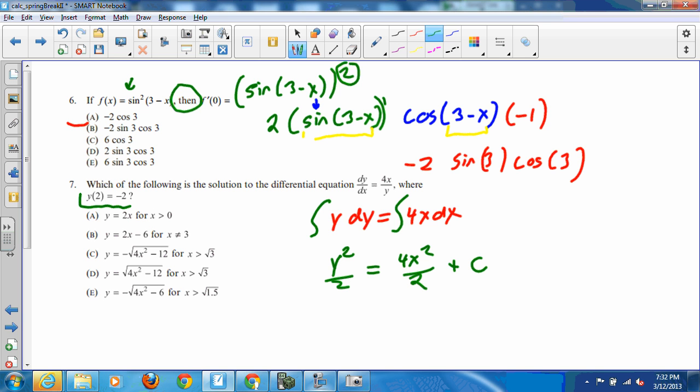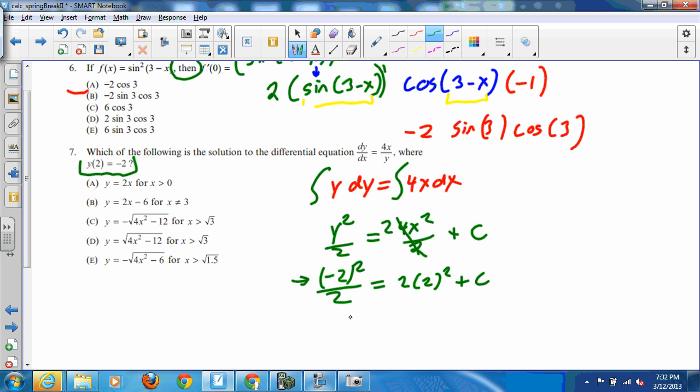We have an initial condition of x is 2 and y is negative 2. So plug in negative 2 for y, square it, divide it by 2, and we could simplify this to 2x squared. So 2 times 2 squared plus c. Alright, and this becomes what?